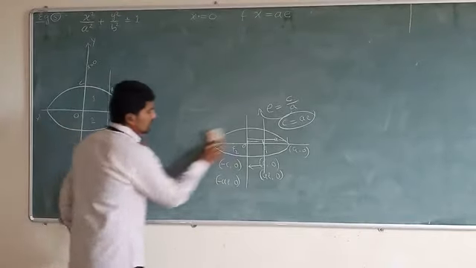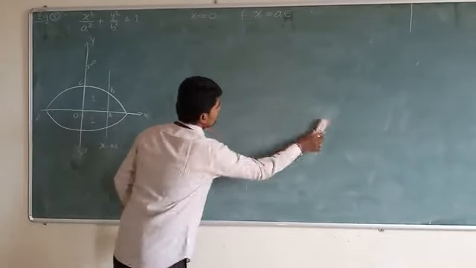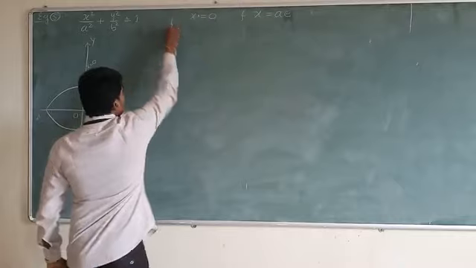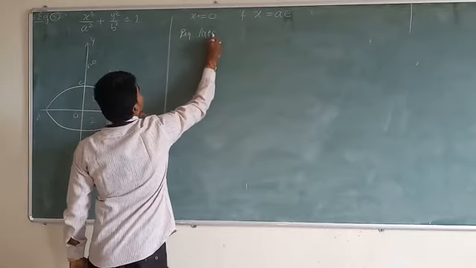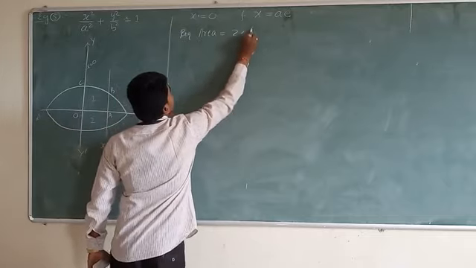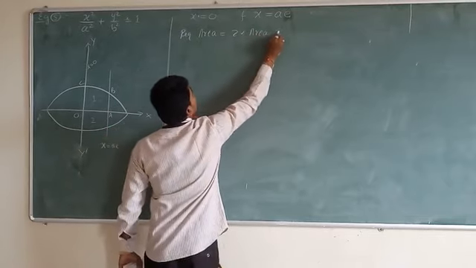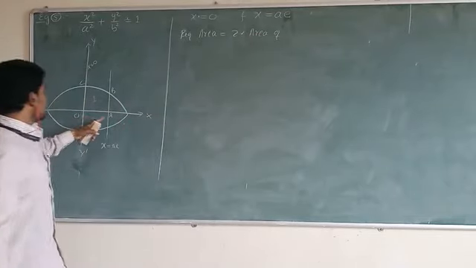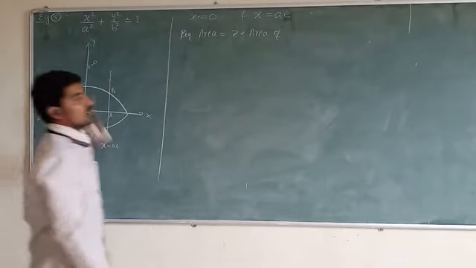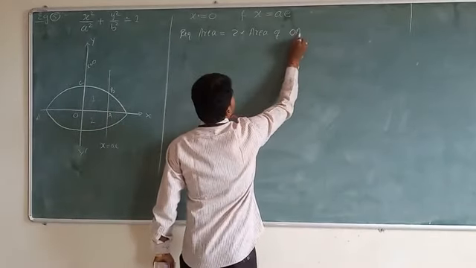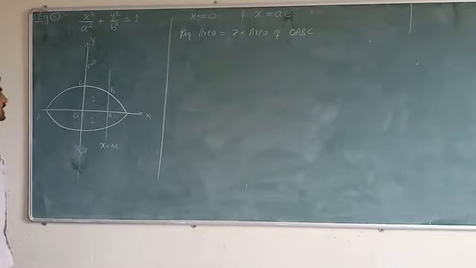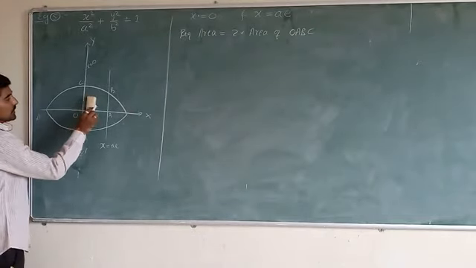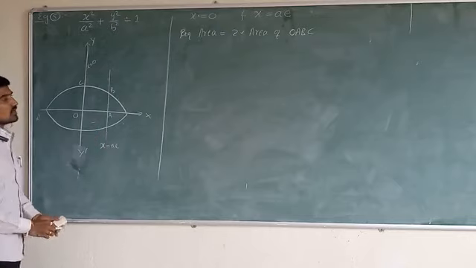Therefore, the required area is equal to 2 times the area of OABC. I hope all of you understand it. Now we are going to find the area inside the first quadrant.